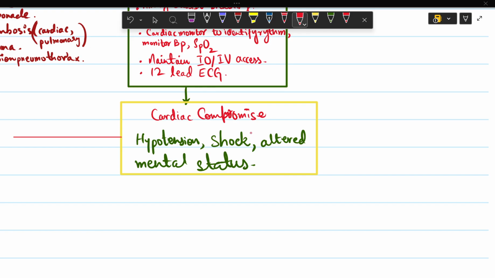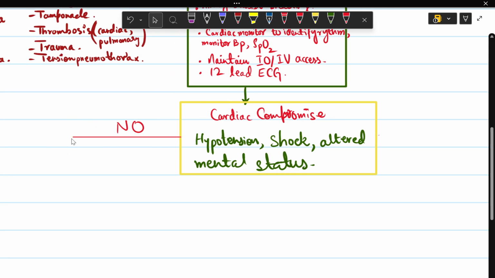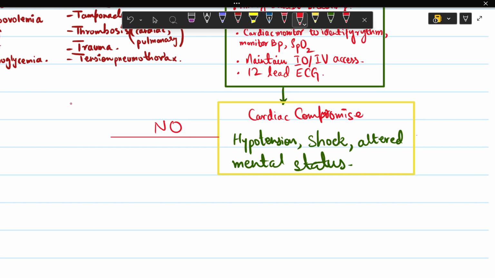Okay guys, so if cardiac compromise continues, now if you've taken care of all of these management steps and cardiac compromise has been taken care of, it doesn't continue, then what do you do next?